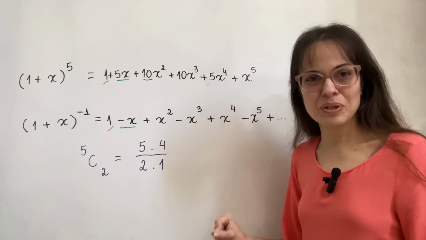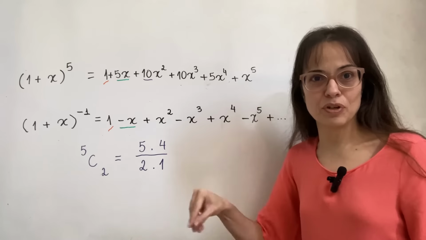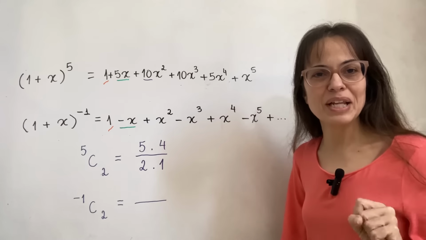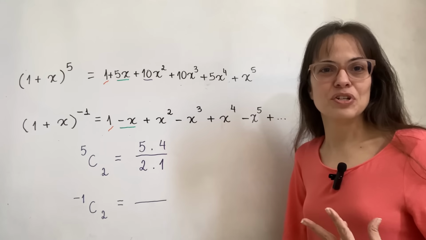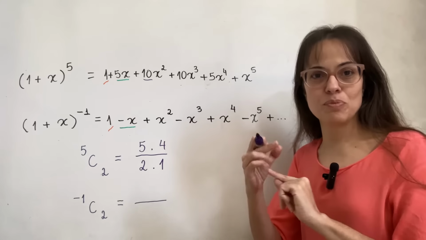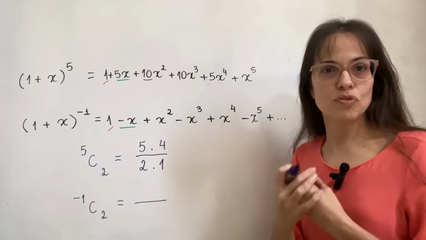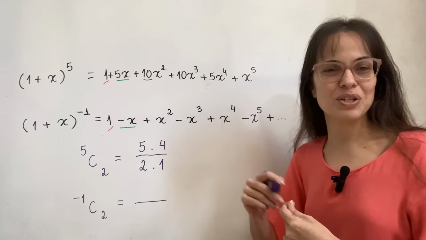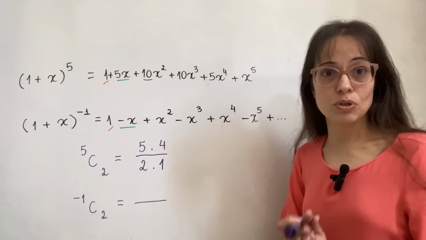It's important to look at it this way instead of looking at it like factorial over factorial times factorial, because you really don't want to talk about -1 factorial. It just doesn't fit into the definition of factorial, where you start from your number and then you subtract 1, 1, 1 until you get to 1. If you start from -1 and you start subtracting 1, you're never going to get to 1 because you're going the wrong way. So that is not the appropriate way to look at it.